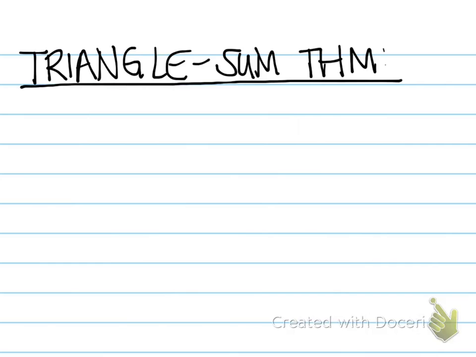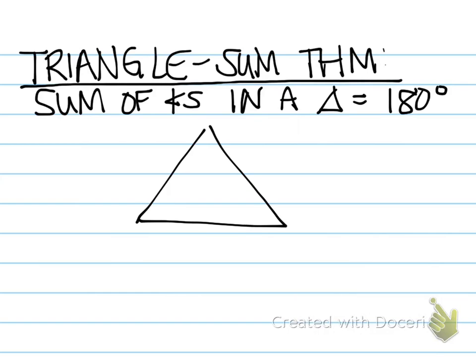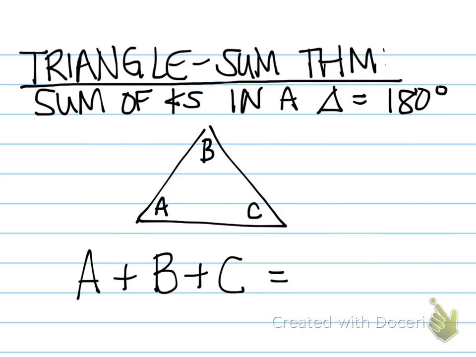And what this says is the sum of the angles in a triangle is 180 degrees, which most of us probably already knew. Okay, so that's pretty simple. And again, this just means if we have angle A, B, and C, A plus B plus C equals 180 degrees.